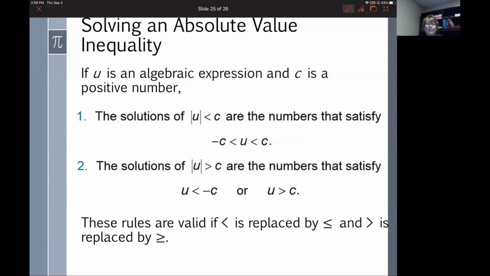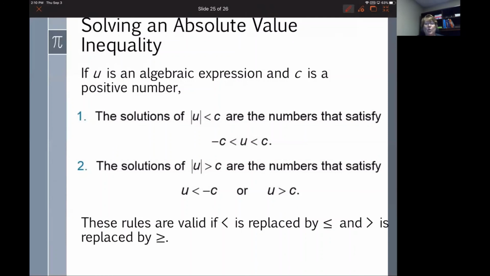You take the expression inside the absolute values, so you remove the absolute values, and you set it less than the negative constant. You take the expression inside the absolute values, so you get rid of them, and you set it greater than the positive constant. You can replace less than and greater than with less than or equal to, or greater than or equal to.